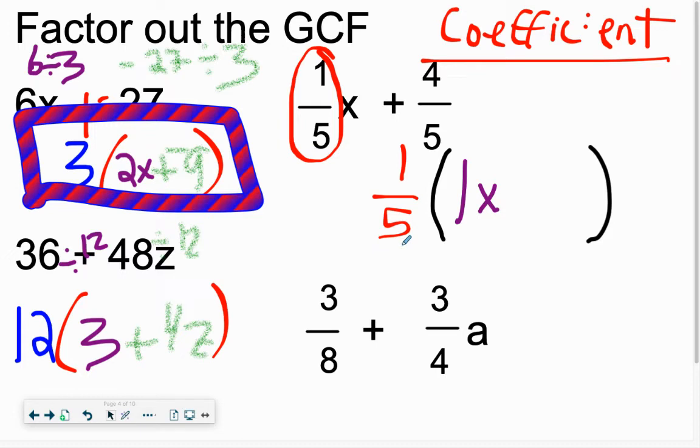Now the downside is up here, we need to take 4/5 and we need to divide out 1/5. But when we see that, remember, we do not divide fractions. We're going to multiply by the reciprocal. So over here, I'm just going to rewrite it fast. I'm going to switch it over to 4/5 times 5/1.